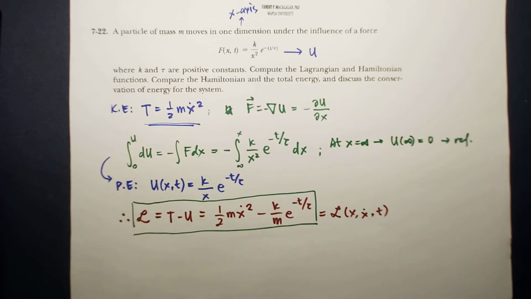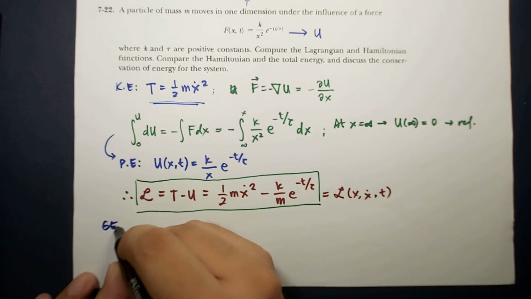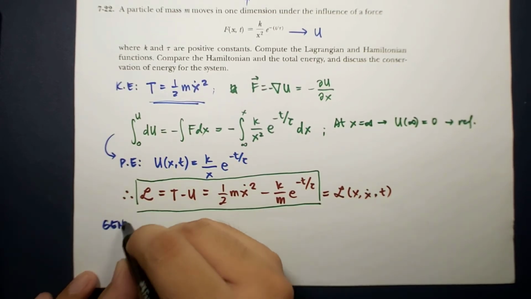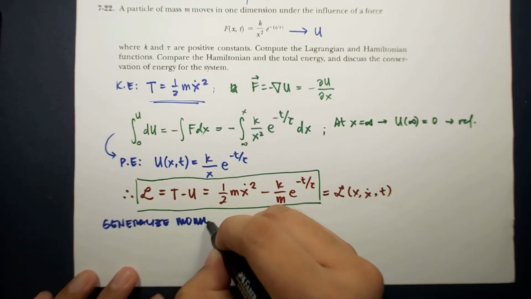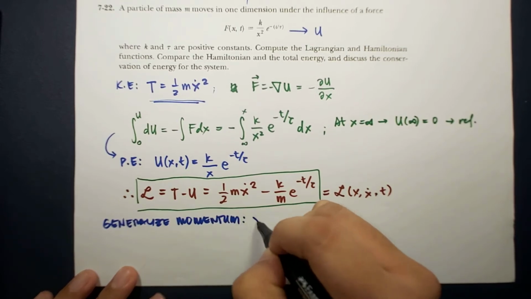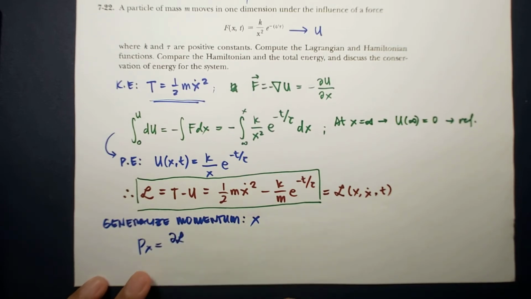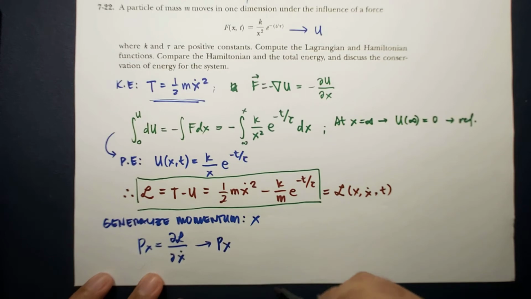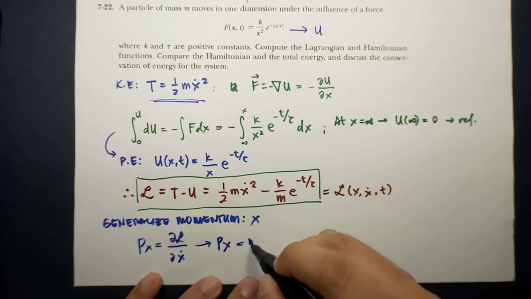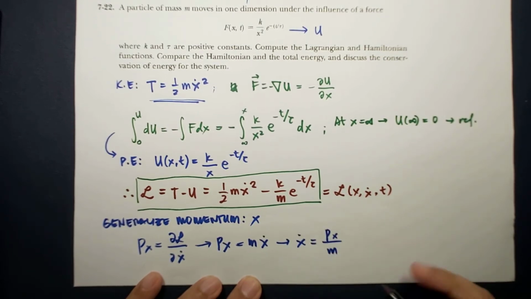Now, how about the Hamiltonian? Of course, we need to calculate first the generalized momentum, in this case only in x because we only have one direction. So px will be equal to the partial derivative of L with respect to x dot. This gives us your usual linear momentum px equal to m x dot, or x dot equal to px over m.